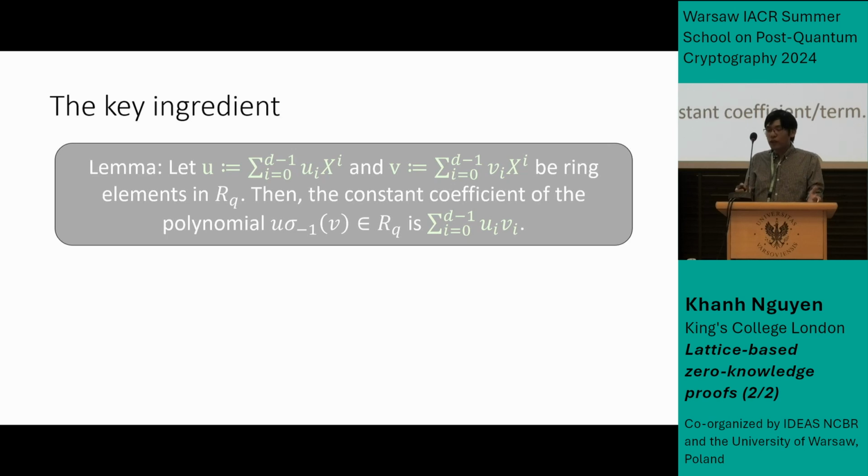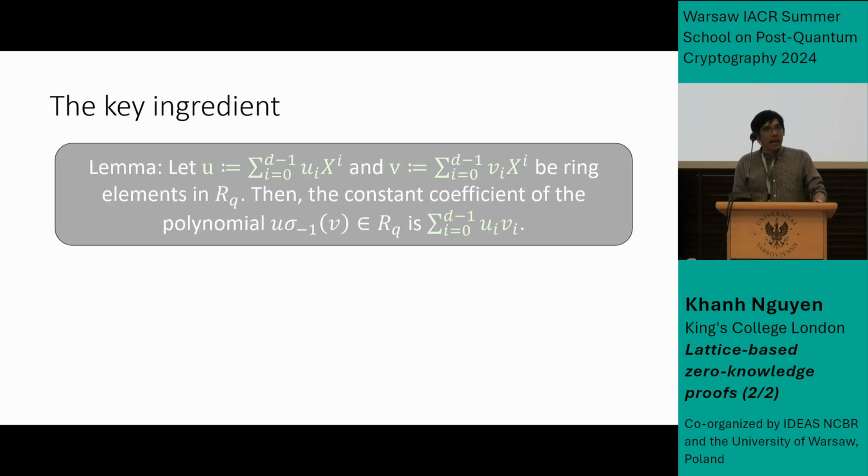So what we will do is translate proving inner products over integers to proving statements about ring elements. How do we do that? The key ingredient is the following lemma.